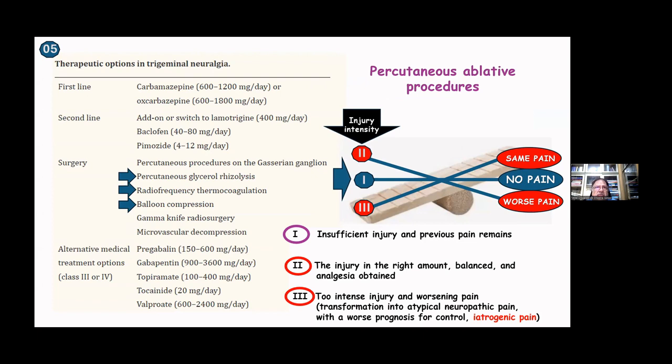Three situations are possible: insufficient injury and the previous pain remains; the injury in the right amount, balanced, and analgesia obtained; or too intense an injury and worsened pain, transformation into a typical neuropathic pain with a worse prognosis for control, and iatrogenic pain.